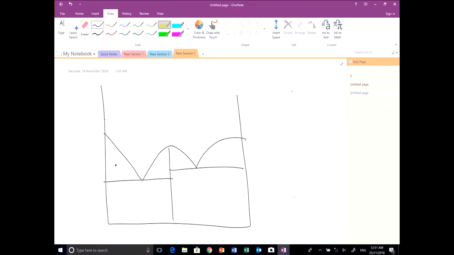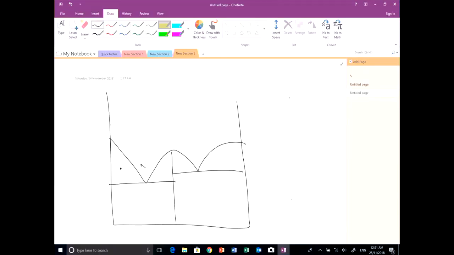Not how many invariant points. How many phases? 2. That's why you can do 2 fingers. How many do I have here? How many here? Here? Well, how many? Do you see a pattern there?